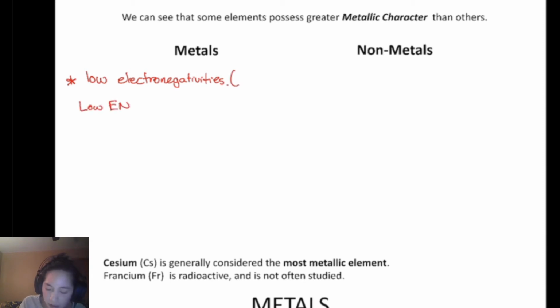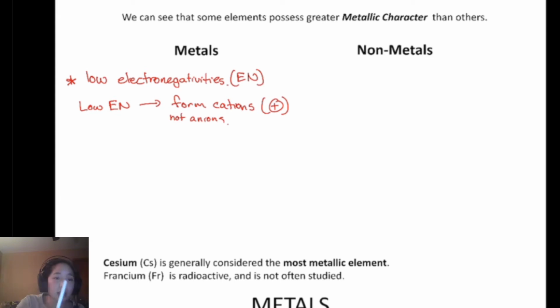So typically we call electronegativity EN. So a low electronegativity means that you will typically form cations instead of anions. Cations, so remember those are positively charged, not anions. Because the electronegativity is low, electrons do not typically associate themselves with metals.